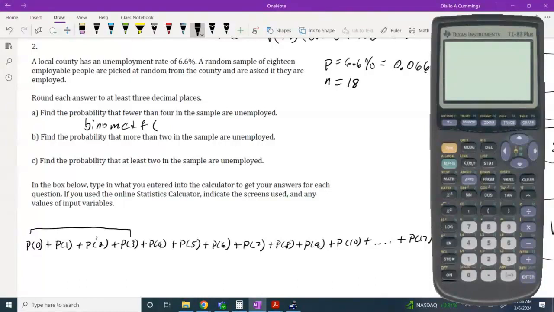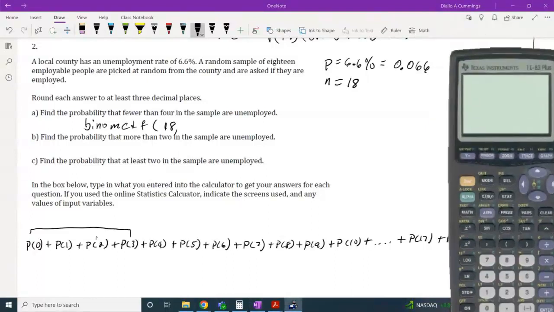Remember, we have to put in the parameters N, so N is 18, comma P, which is 0.066. And then for the number of successes, we're going to put in 3. So this is going to give us a probability for 3, 2, 1, and 0 added together. So let's put that in.